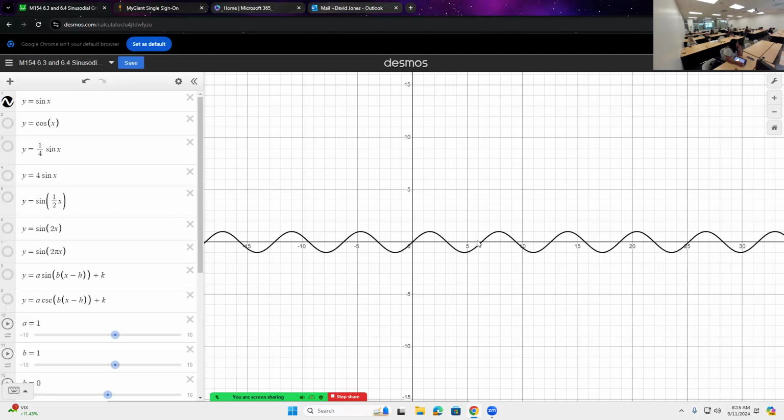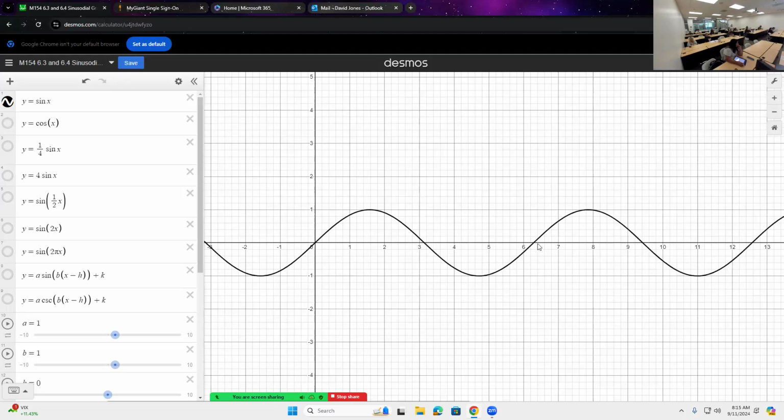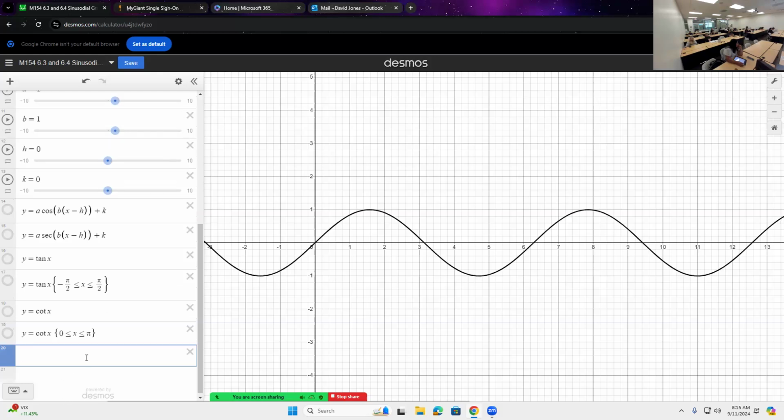And the wave repeats. Right here, that value is where this is 0. Another way of showing 0 is just saying y equals 0 and showing where they intersect.